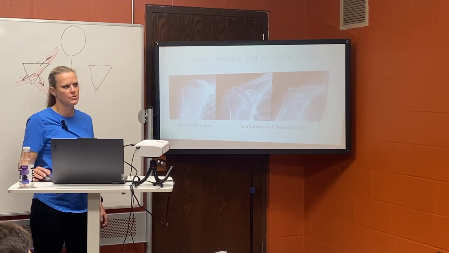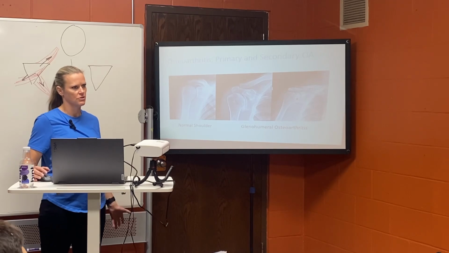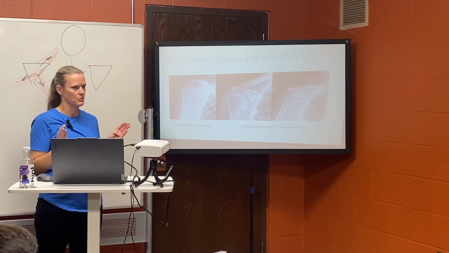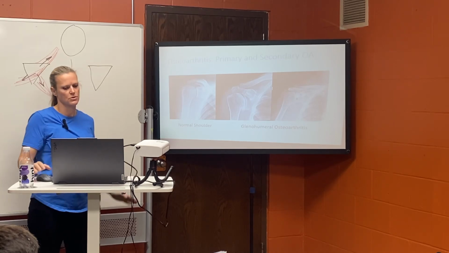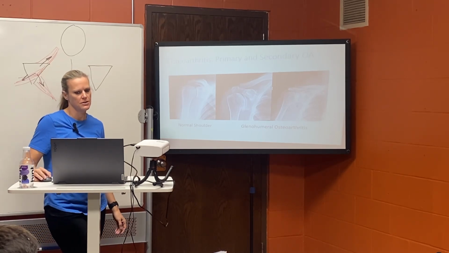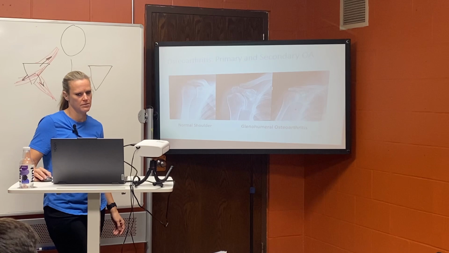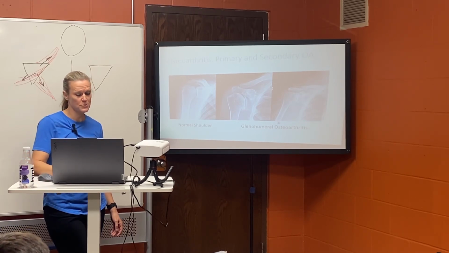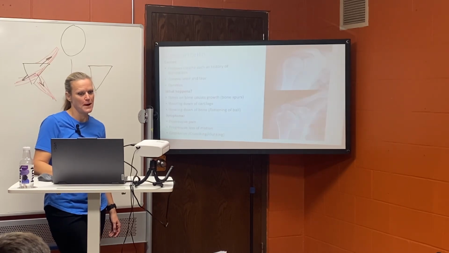So the gray space represents cartilage. The more gray space you have there, the more cartilage you have. The more it's white next to white, that's more kind of bone on bone. And again, you can see this person has a big buildup of bone in an area that's not supposed to be. Both of these ones, the arc for the most part is still intact, okay? So that's what arthritis looks like.